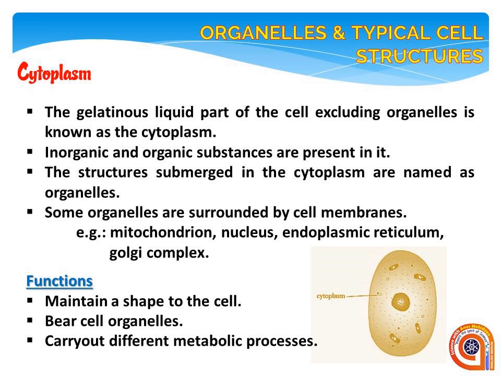And some organelles are surrounded by cell membranes. So when it comes to some organelles like mitochondria, endoplasmic reticulum, Golgi complex, and nucleus, as well as chloroplast, they do have a specially designed membrane around themselves.